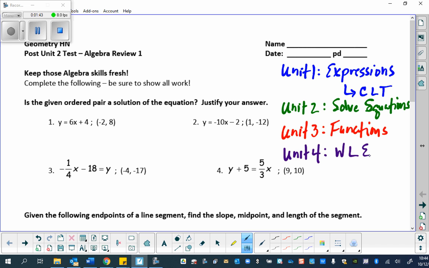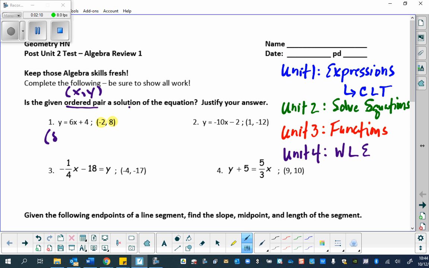If an ordered pair, and that's an x and a y ordered pair, is a solution of the equation, that means that this input and this output value make that equation true. So if that xy ordered pair is a solution, then when I substitute it in, I get a true story.